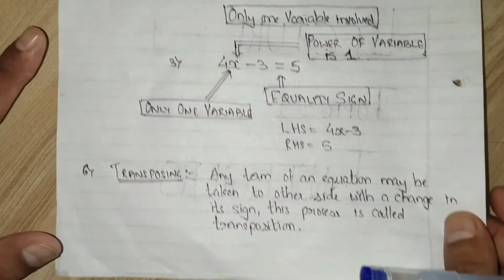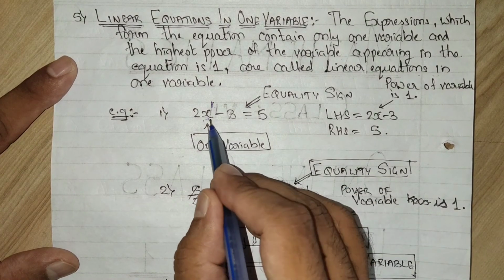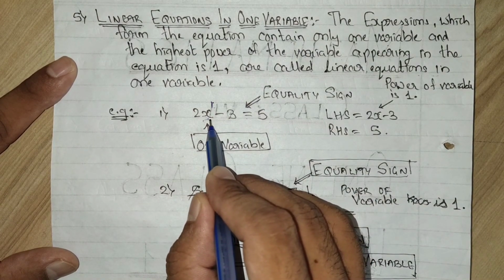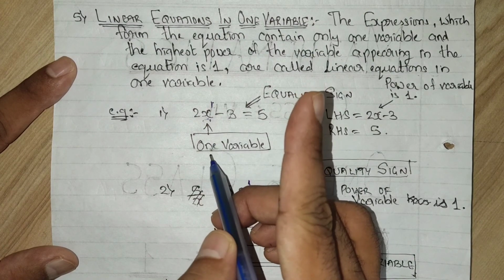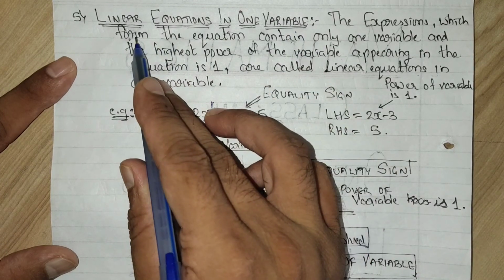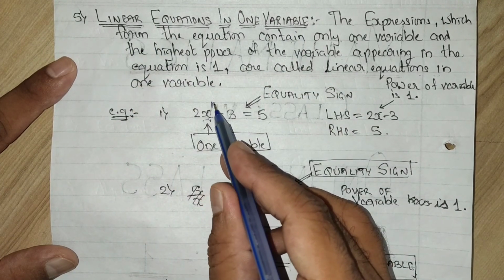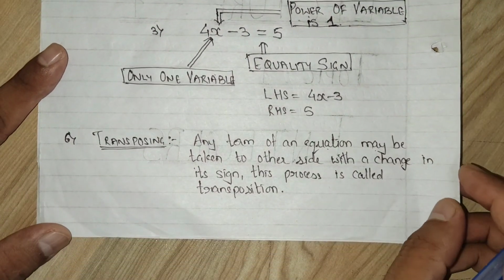And if the equation is involving only one variable and that one variable is having the exponent as 1, then it is known as a linear equation in one variable. Linear, why? Because it is having exponent 1 only. Then I have discussed transposing.